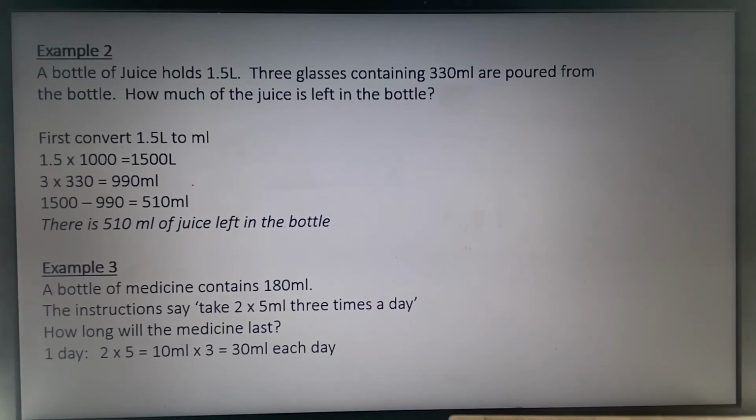So how many 30 millilitres are there in 180 millilitres will tell us how many days that lasts. And the easiest way to do that is just using our calculators and divide. 180 divided by 30 gives us 6 days. So the medicine will last for 6 days.